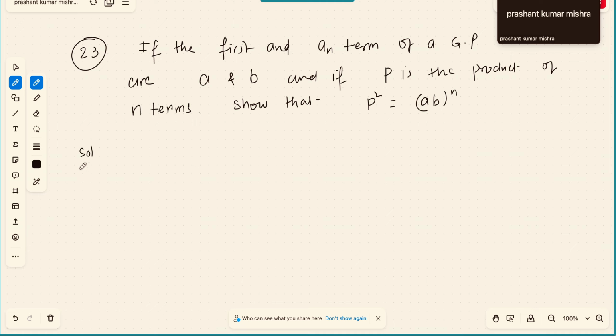Now see the solution. In this question, we have the first term and the nth term of a GP, a geometric progression.